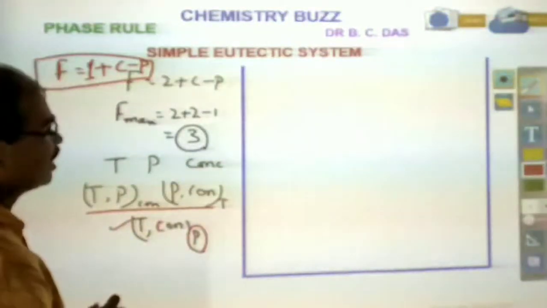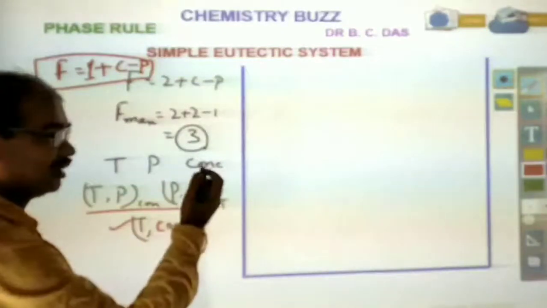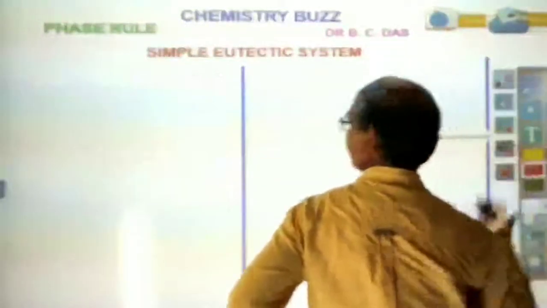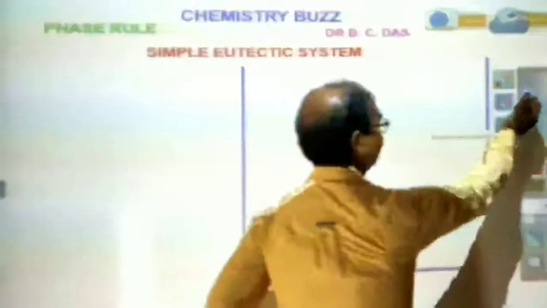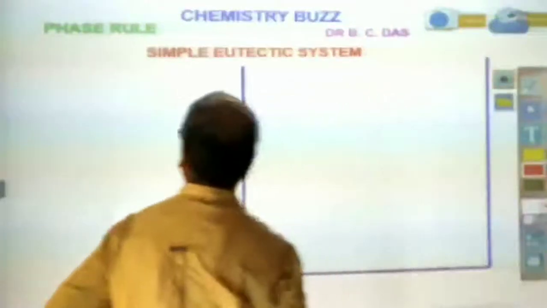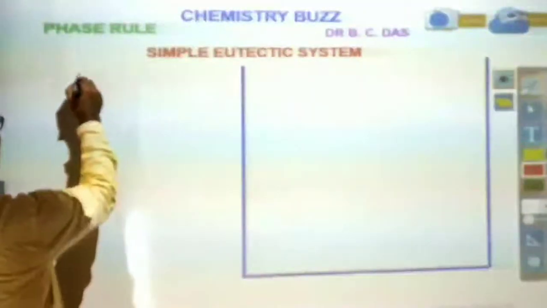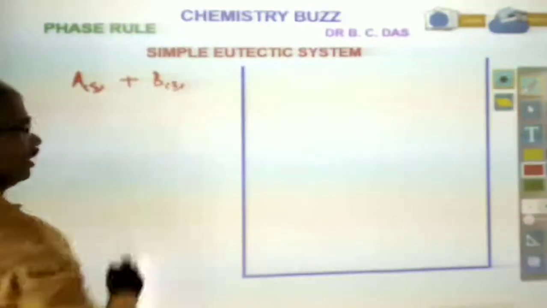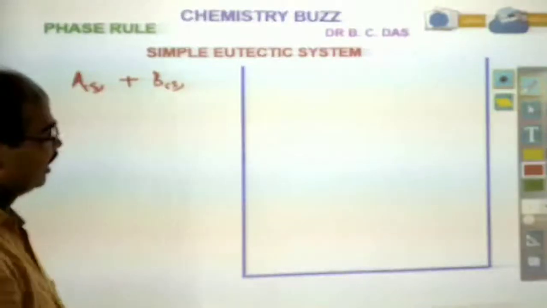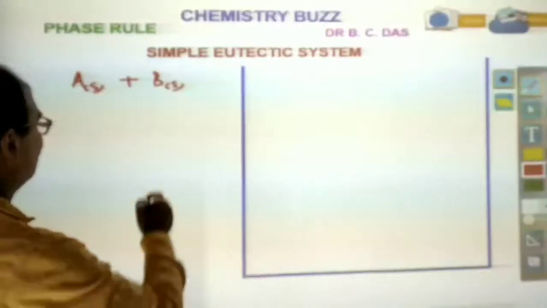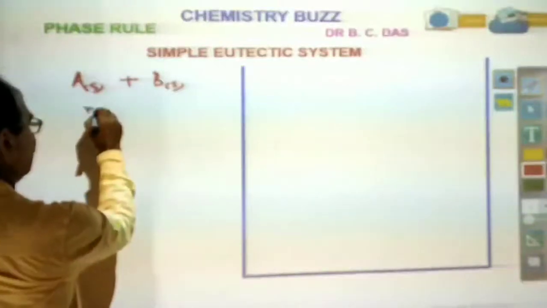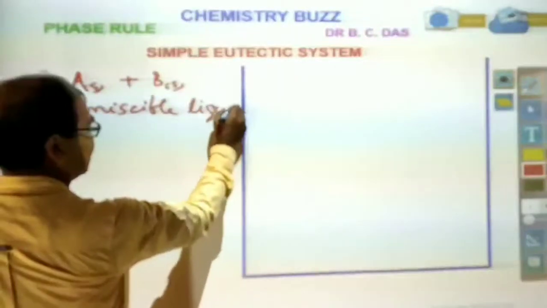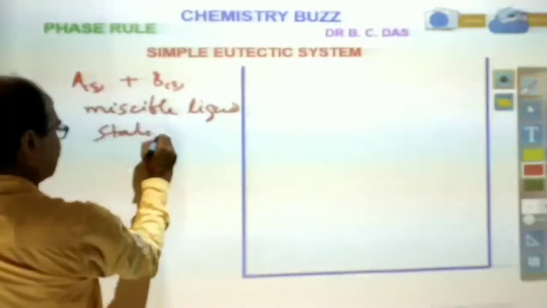So let us consider the two component system of two solids, A and B. A is a solid and B is a solid. And these solids are miscible in their liquid state.